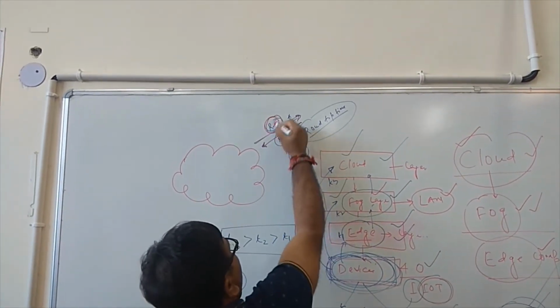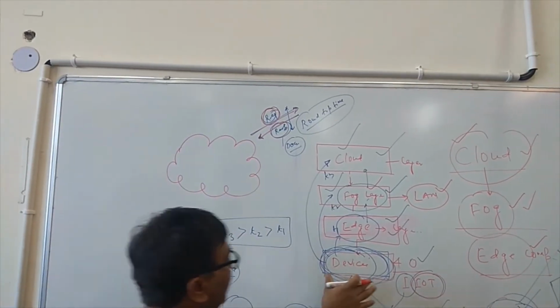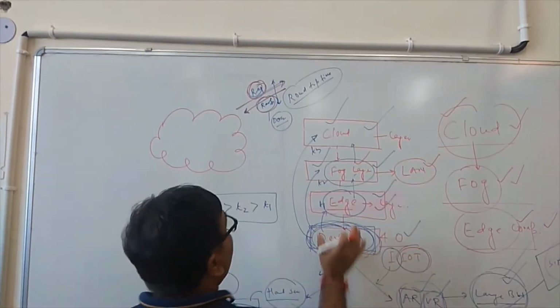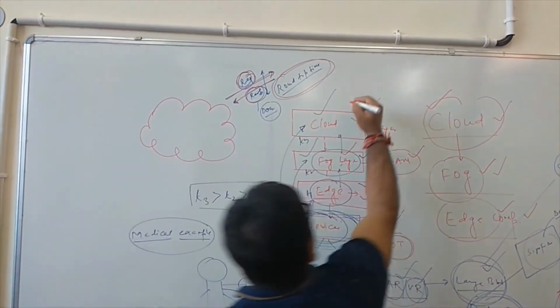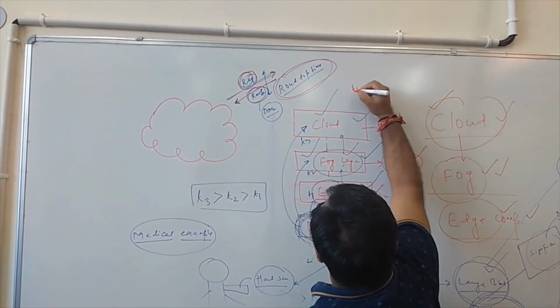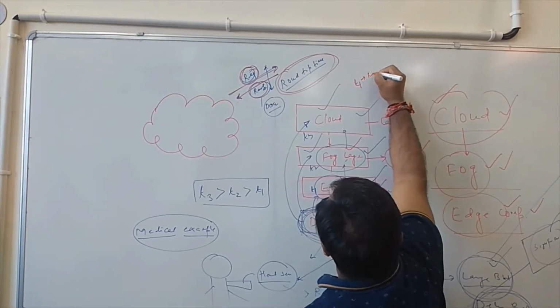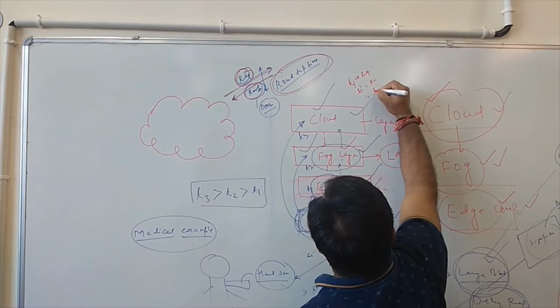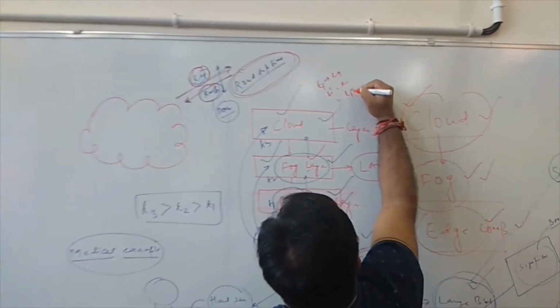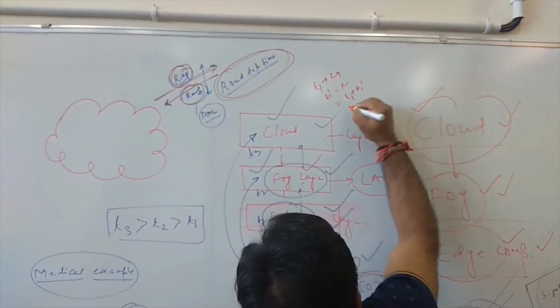This request-response occurs from the device to the edge, and this time is known as round trip time. If T1 is the request time and T1 dash is the response time, the total round trip time is T1 plus T1 dash.